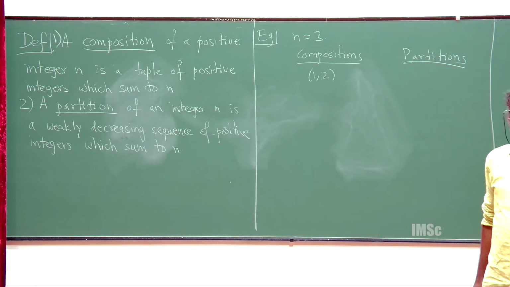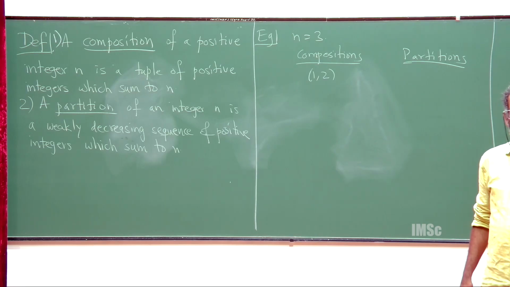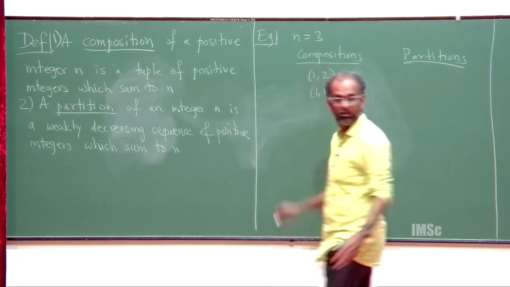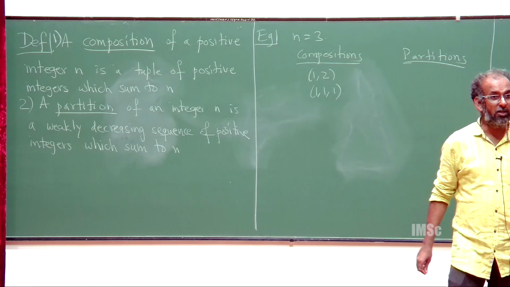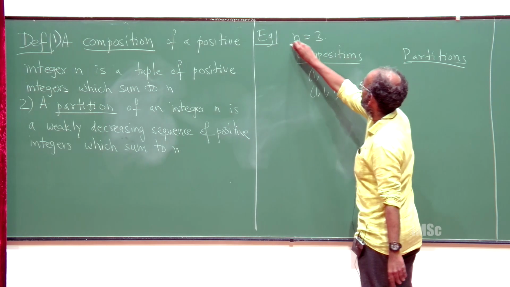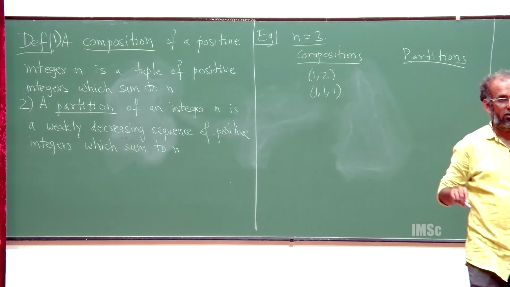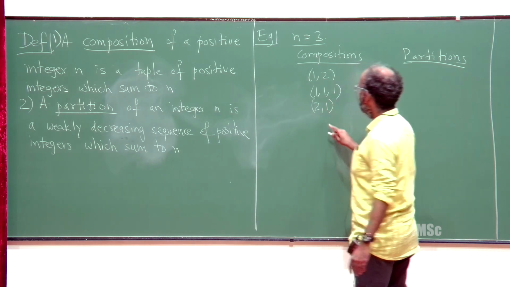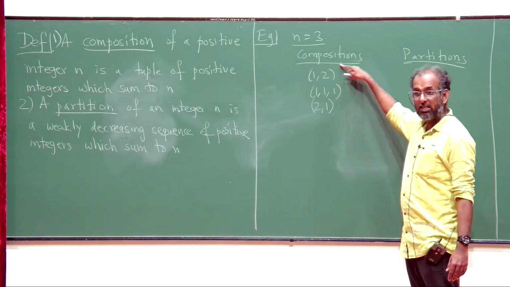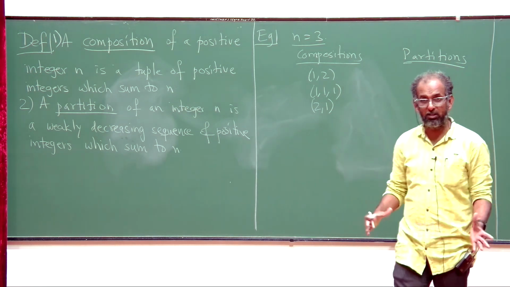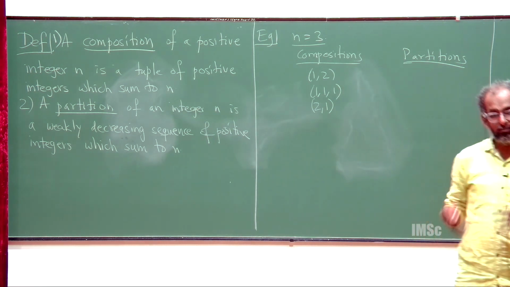Any other composition? 1, 1, 1. Compositions of 3, n equal to 3. 2, 1. Very good. So these two are distinct. We don't think of these two as the same. These are tuples, not sets, and we allow repetition.